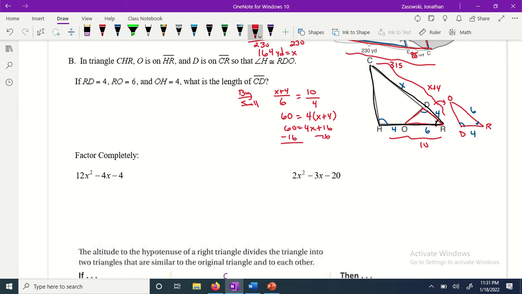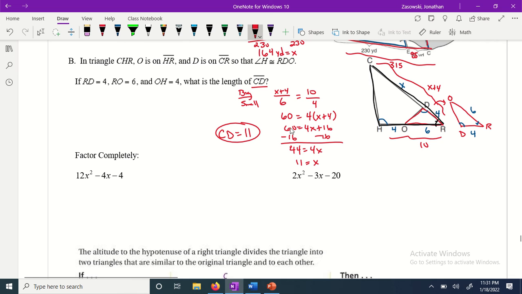We'll move that 16 over to get 44 is equal to 4x, and then x is going to equal 11. It does ask for the length of CD, so that's what this is, since we called that x. So CD would be 11.